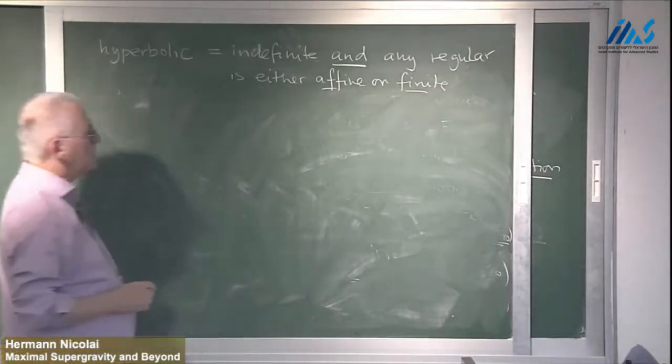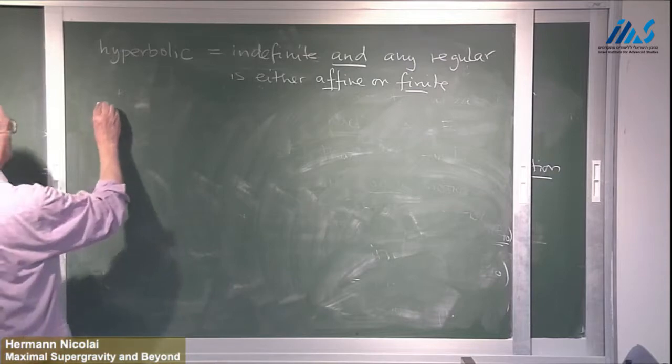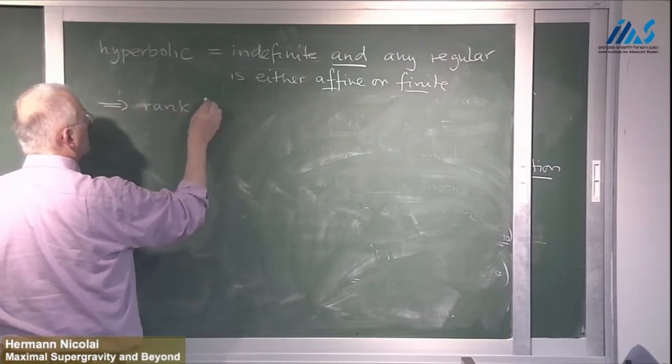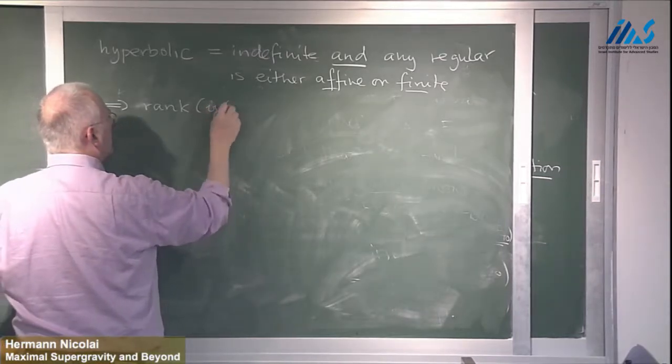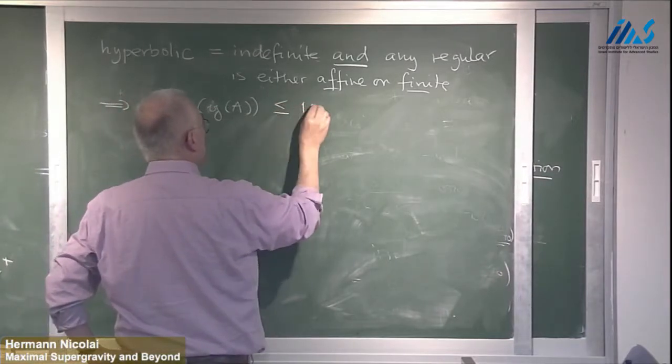So the Dynkin diagram, or the Cartan matrix, should be such that when you remove any point on the Dynkin diagram, you get either an affine or a finite algebra. Now that's very restrictive, because then it follows that the rank of G(A), meaning the dimension of the Cartan subalgebra, must be less than or equal to 10.